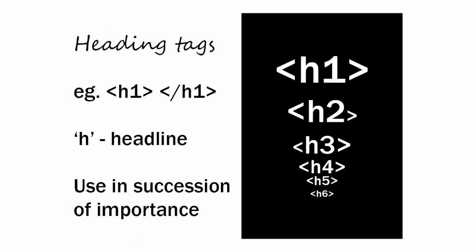Let's have a look at some necessary HTML elements, such as headings. The H stands for heading or headline, and the following number indicates its importance, not necessarily its size, which can be altered with CSS at a later stage. It is imperative to use these in succession of importance.